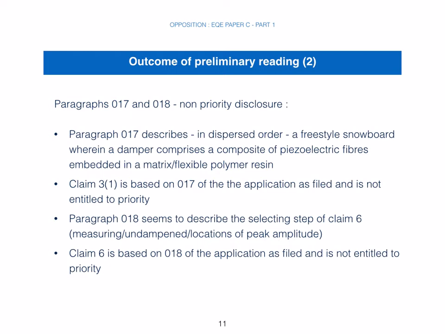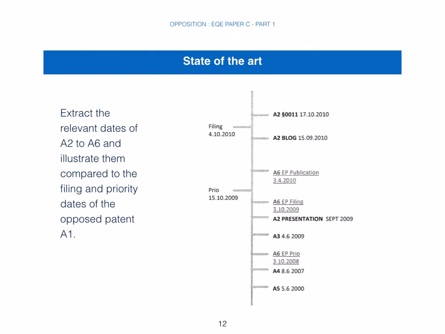So reading through the description, looking for these facts, we found out a thing or two which is useful, and now it's time to look at the dates of the documents to establish the state of the art. Looking at the left of the slide, if we extract the relevant dates, publication dates and so on, of Annex A2 to A6 and illustrate these dates in date order compared to the priority dates of the opposed patent, we obtain a display something like the one which is on the right hand side there.